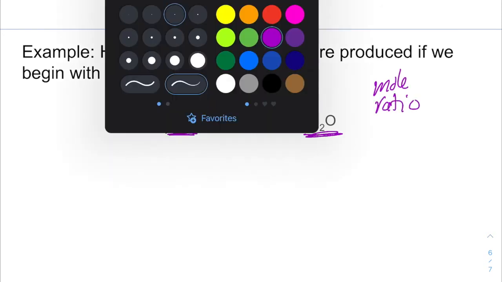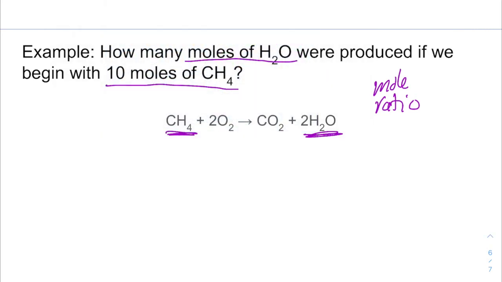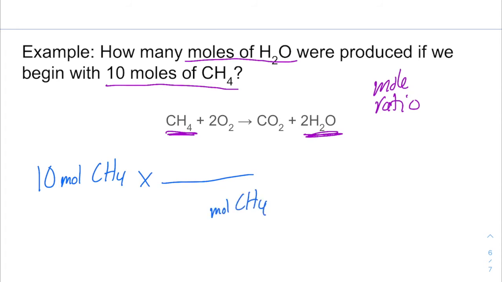So let's go ahead and start our setup here. So I'm starting with 10 moles of CH4. Now our conversion factor is again going to be our mole ratio. What needs to go on the bottom? On the bottom, we're going to go ahead and put moles of CH4, just like we've been doing. And in the chemical equation, there's nothing in front, which means it's just 1 mole of CH4.